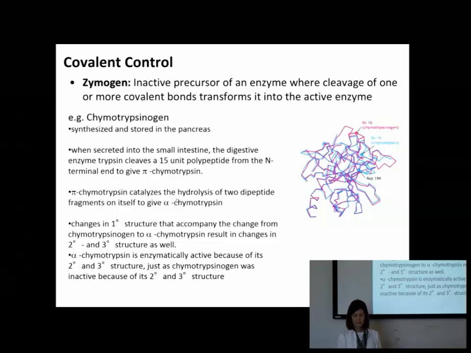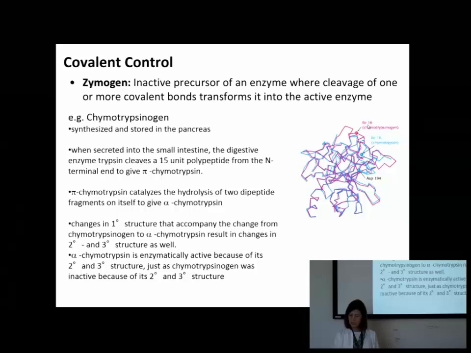And so what happens, I think the blue is chymotrypsin and the pink is chymotrypsinogen. They identify one of the amino acids, actually a couple of them, isoleucine and aspartate.